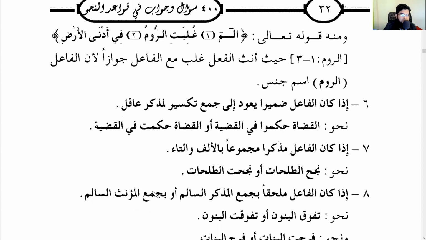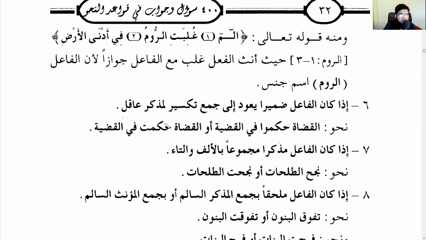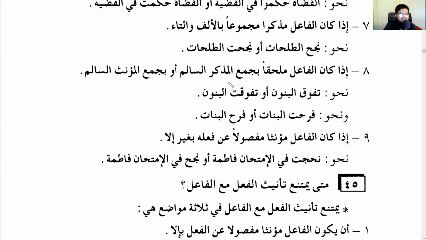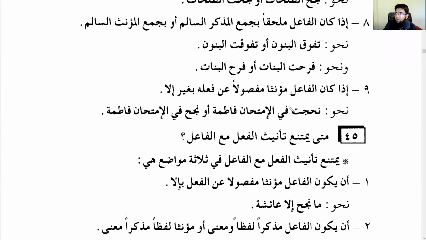Or jama taksir, if it's a pronoun, if it's jama taksir for masculine, feminine, whatever it is, it's fine. But for jama taksir pronoun going back, it should only be for aqil. And then alif ta, this is rare anyways. And jama mudhakkar salim, not actual sound masculine plural, but words which are similar to it. Mulhaq. And then the last one is important, and that is if there's a gap between this thing.